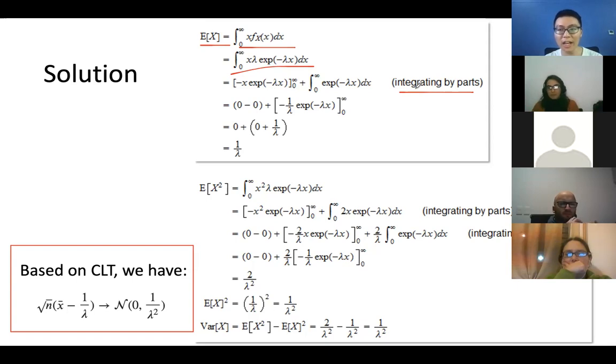So double check, make sure that you know how to do the integration. If most of you don't remember, I can use the next recitation to talk about some calculus tricks. But I really hope that you double check to make sure you know how to calculate this integration.